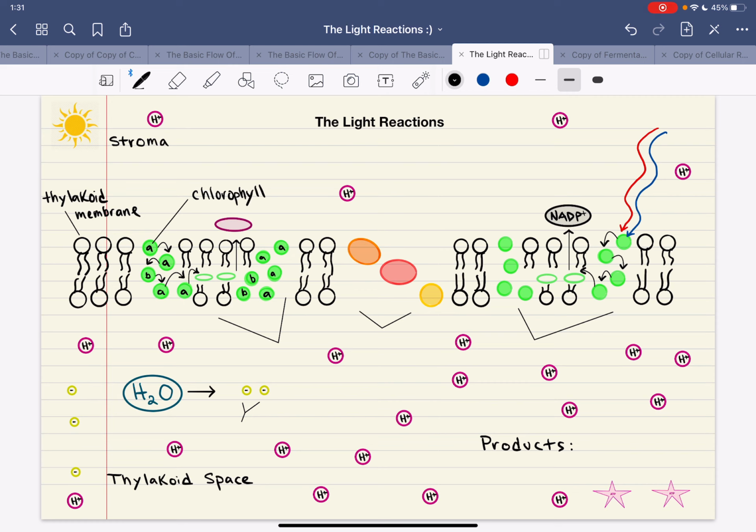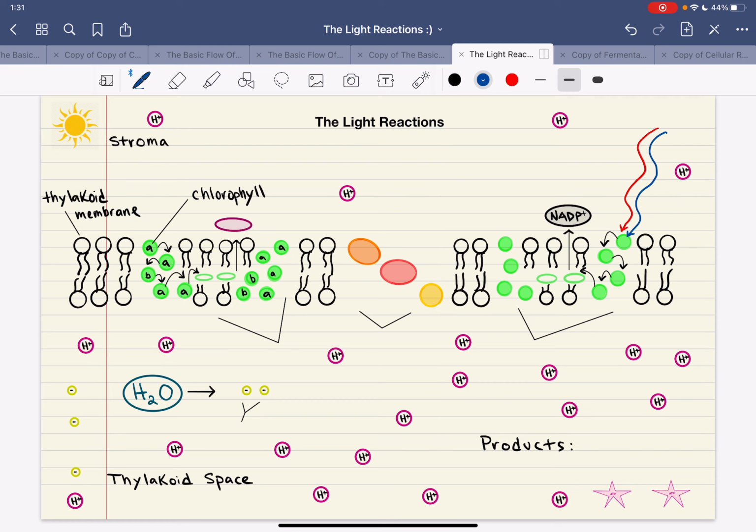Now, the first step that happens in photosynthesis is light, which is, as we learned, a form of electromagnetic radiation, finishes its 93 million mile journey from the sun until it finally strikes one of our chlorophyll molecules.